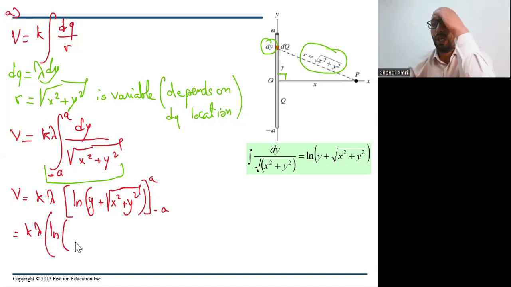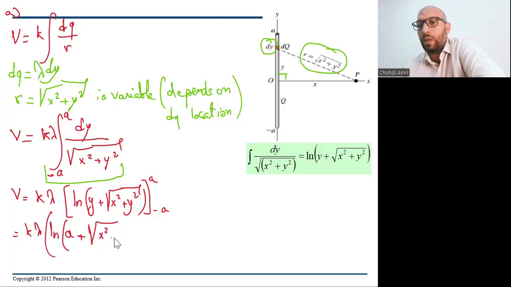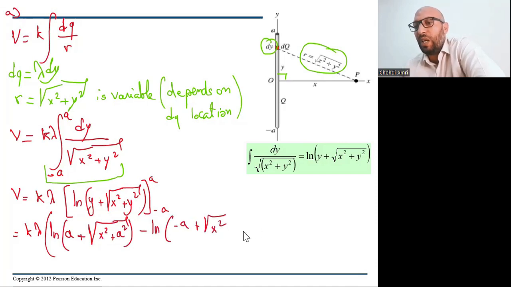Now we will substitute by a plus square root of x squared plus a squared. Our variable is y, not x, minus ln minus a plus square root of x squared plus minus a squared, so it will be plus a squared. The negative sign would be cancelled. As usual, we have ln a minus ln b, so it will be ln a minus b.